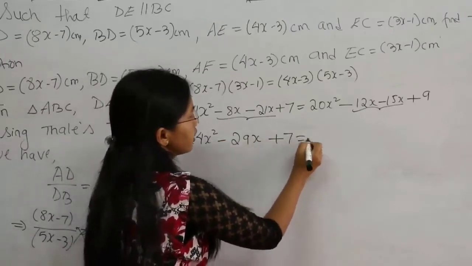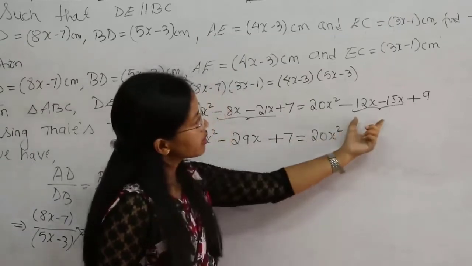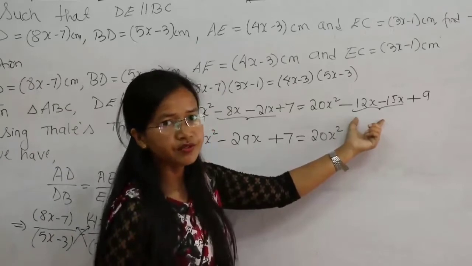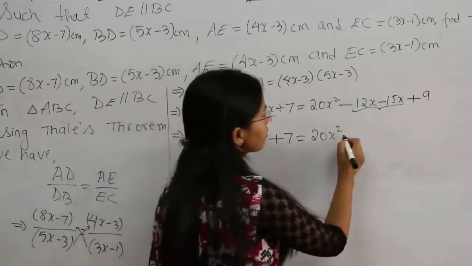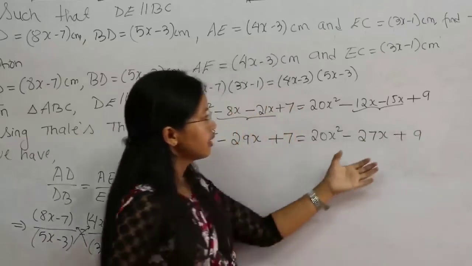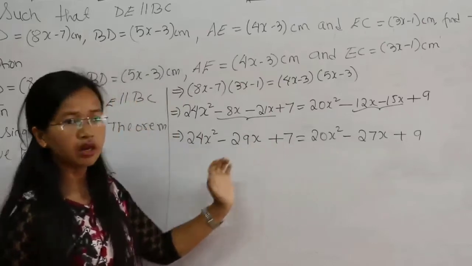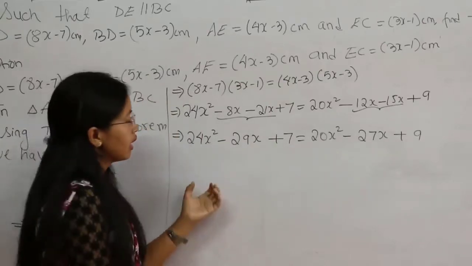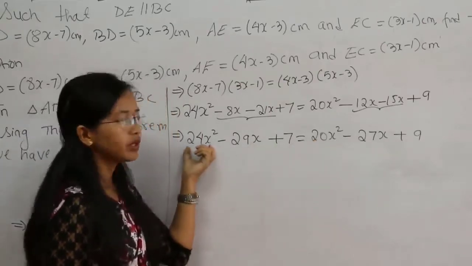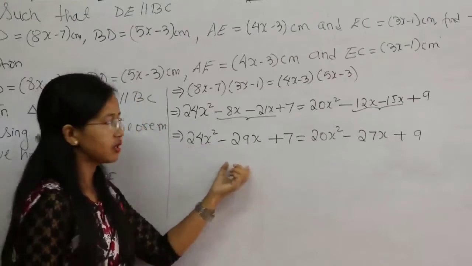Plus 7 equal to 20x square minus 12x minus 15x. So we will get minus 27x plus 9. So what we are going to do is carry everything to the other side, alright? And bring the like terms together so that it will be easy for doing that calculation.